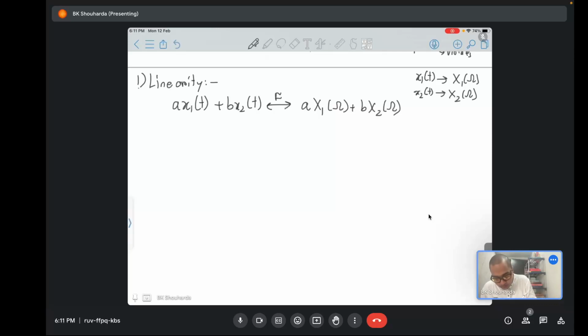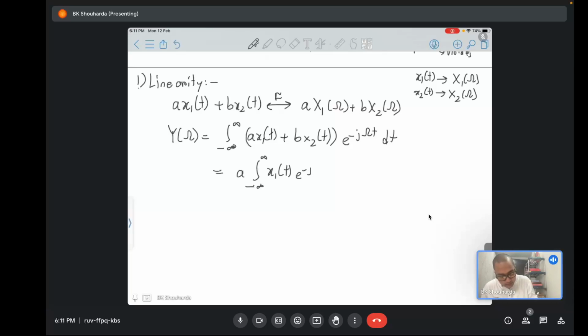So how do we prove that? Let's say y of omega is the integral from minus infinity to infinity of a x1 of t plus b x2 of t, e to the power minus j omega t dt. We break the summation and take out the coefficients, and we get the first Fourier integral and the second Fourier integral, and voila, we reach our result.